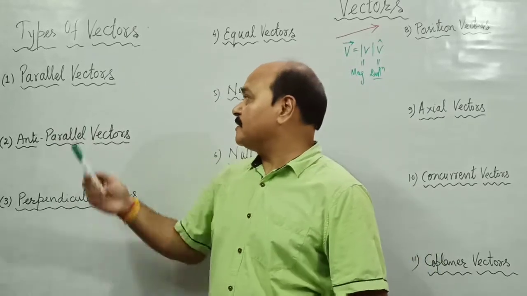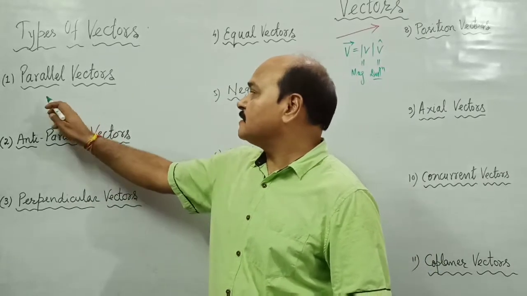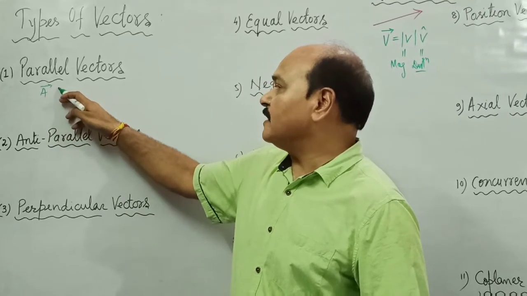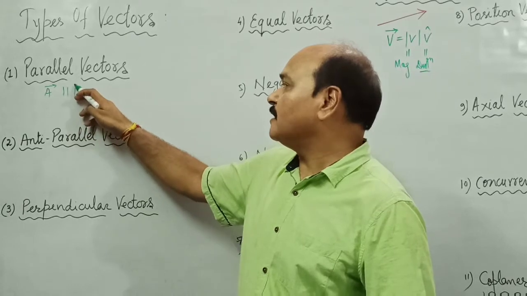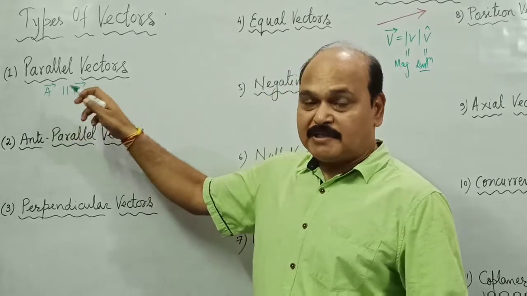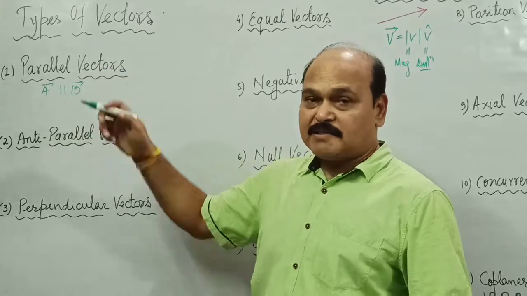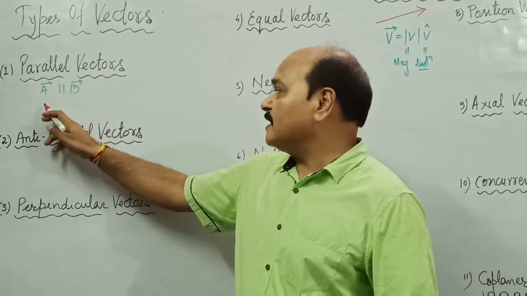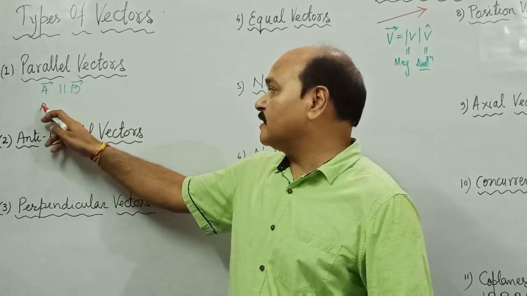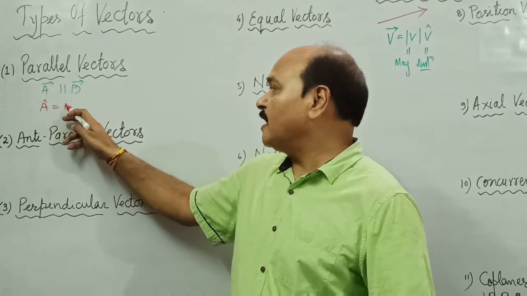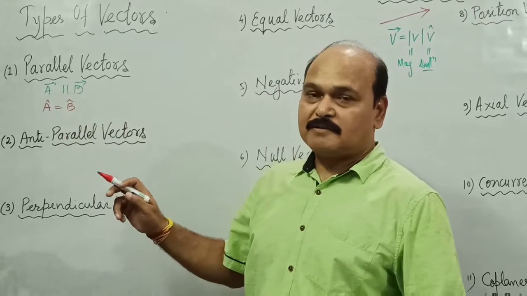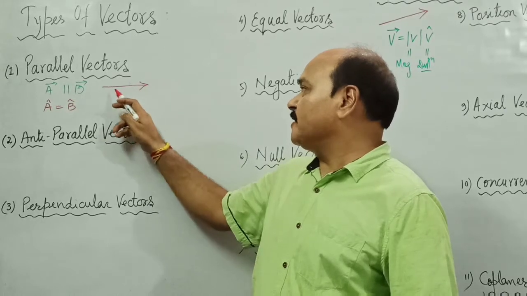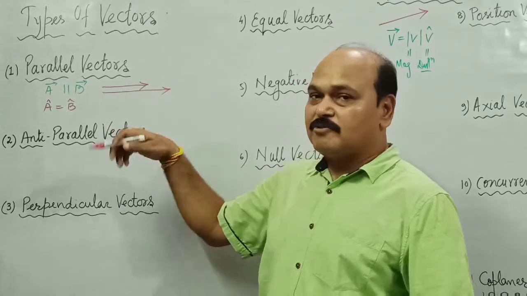See, as obvious from the name itself, these are those vectors whose directions are the same. If A vector and B vector are parallel, we represent them with two parallel lines in between them. These two vectors have the same direction, and magnitude has no restriction. These vectors are graphically represented by arrows which are parallel to each other.